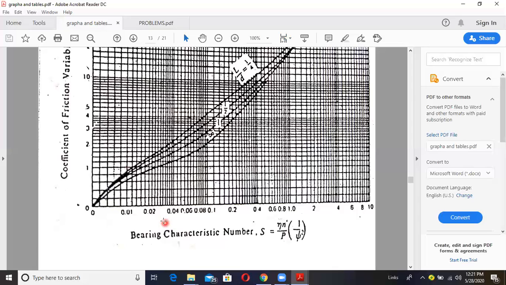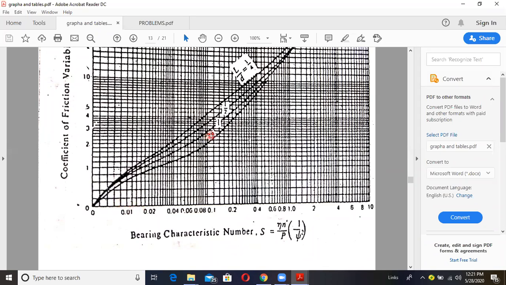In this figure, 0.11 is somewhere here, 0.01. And we have L by D is equal to 1.